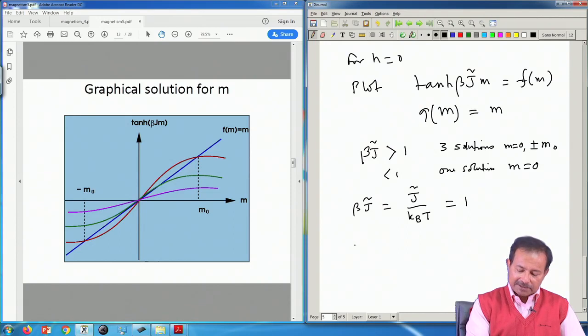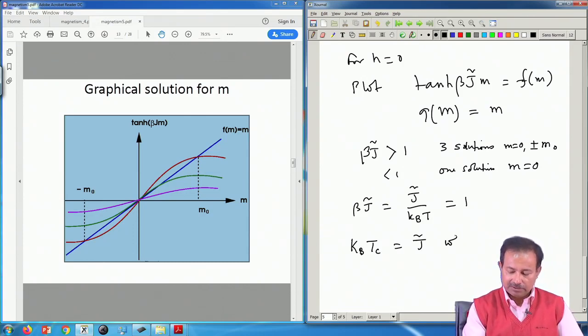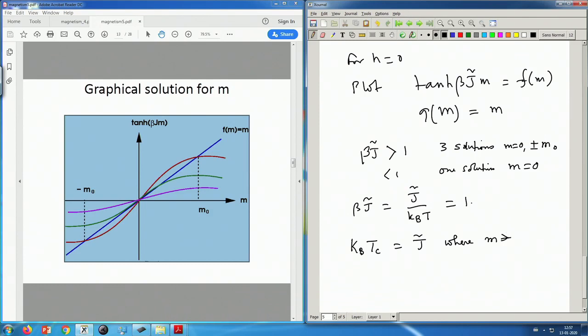So, this is written as k_B T_c equal to j tilde, where m greater than 0 appears even without H, the external magnetic field.